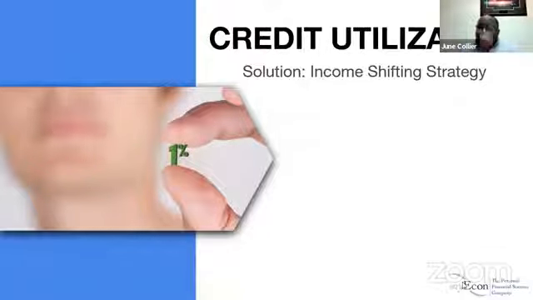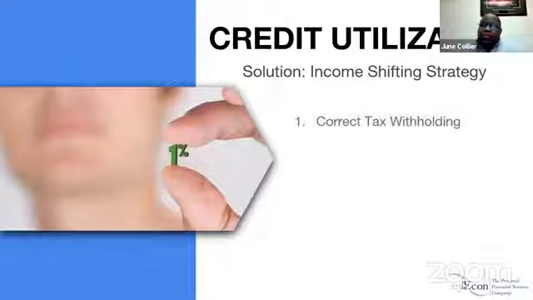The way you do that is through a strategy called income shifting. You see, most people are already living paycheck to paycheck. So when we talk about lowering their debt, they say, I can't do it. I don't have any money to lower my debt. I'm already a paycheck behind. So we show them the first strategy, which is correcting tax withholding. We know that 80% of people are overpaying their taxes.